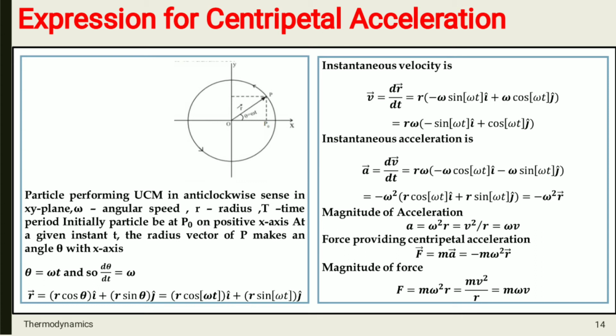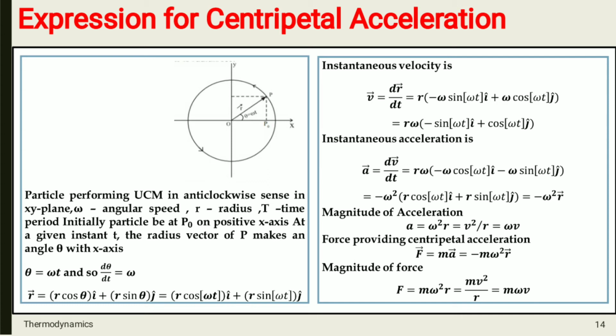Initially the particle is at P0 on the positive x axis, and it makes an angle theta with the x axis. So theta is equal to omega t.